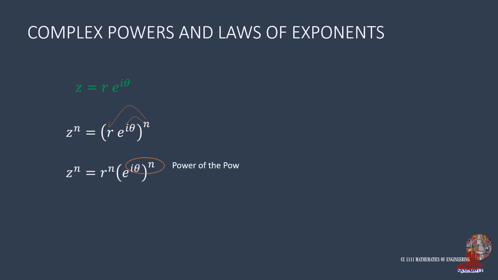In the laws of exponents, this part is known as the power of the power rule, where it states that e raised to m and again raised to n can be written as the base e raised to m multiplied by n. Therefore, z raised to n is simply r raised to n times e raised to i times n theta.